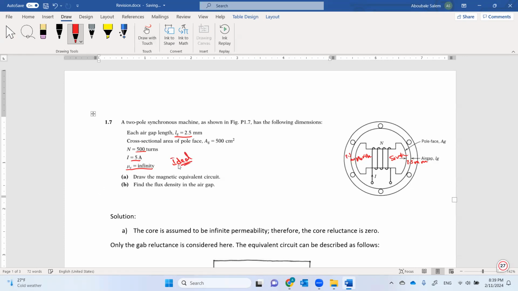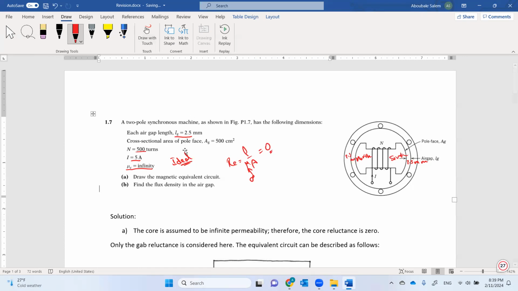If the permeability equals infinity, so you know reluctance equals L divide mu A. So if this is infinity, this means reluctance will be 0, so we will not consider our core reluctance in the question.